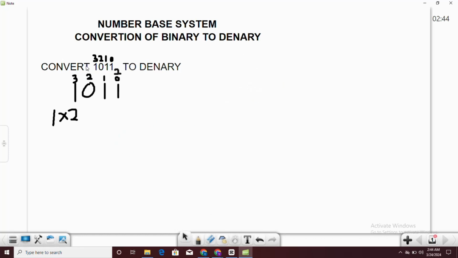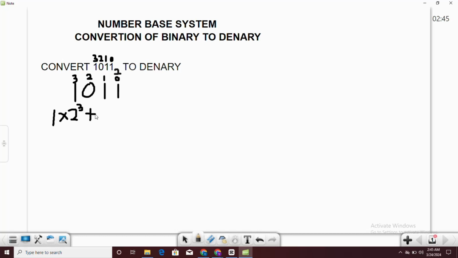So I've written 1 times 2 raised to power 3, because it's 3 that is there at the top. Because we are starting from our left hand side, I'm going to start from this particular one.